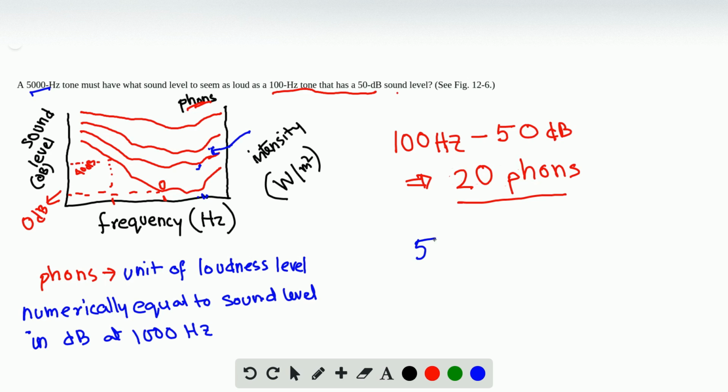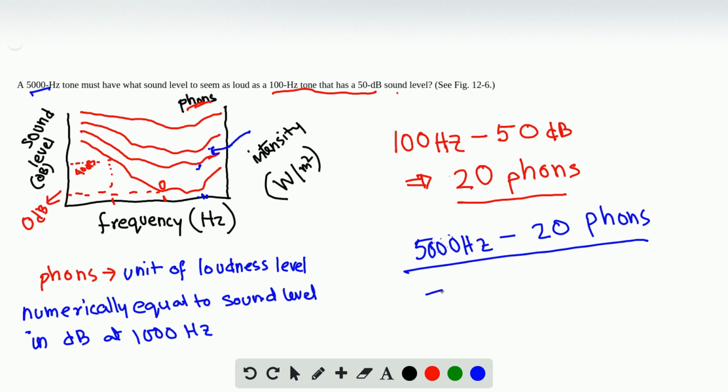So for 5000 hertz and 20 phones, our sound will be 20 decibel.